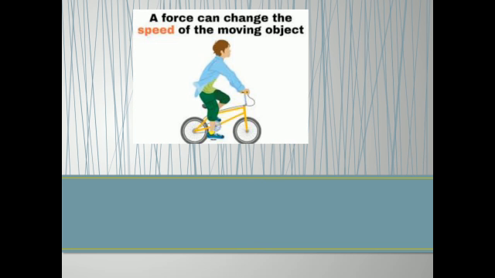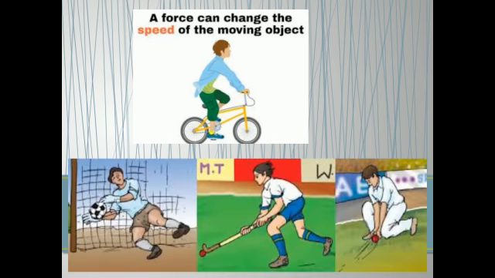Now, see the pictures like this. With the help of force, you can change the speed of a moving object. Now see the picture. A goalkeeper applies force to stop a football and reduce its speed to zero.